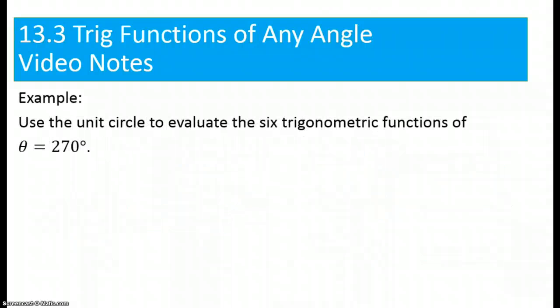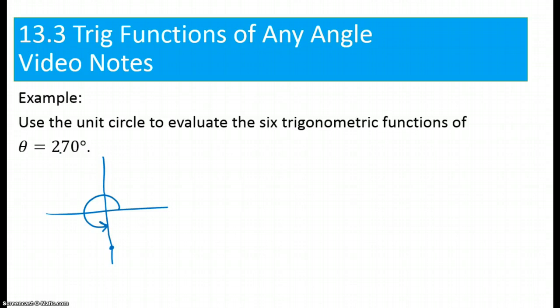Today in class we studied the unit circle. Use the unit circle to evaluate the trigonometric functions of theta equals 270 degrees. Well, in class today we learned that the unit circle has a radius of exactly 1. Hopefully you were saying 1. So here I am at 1. 270 degrees is over here.